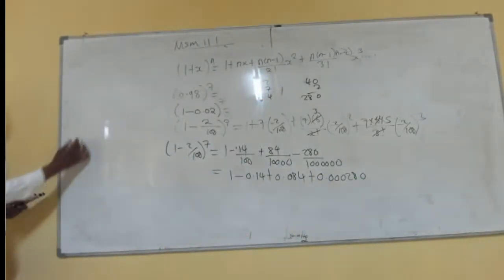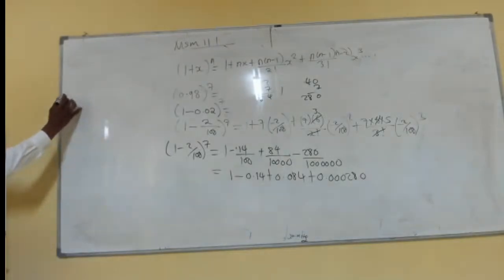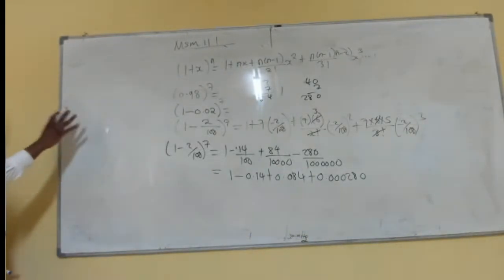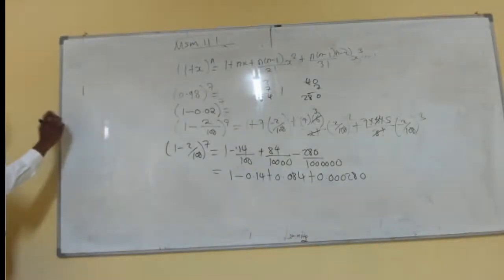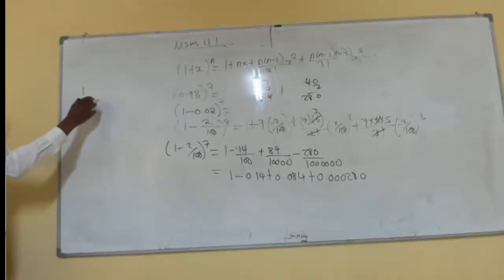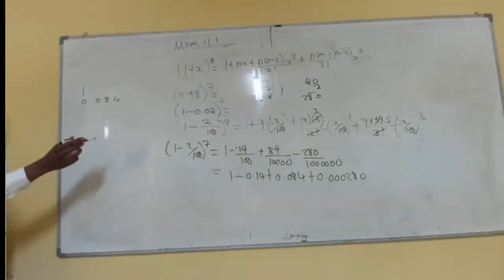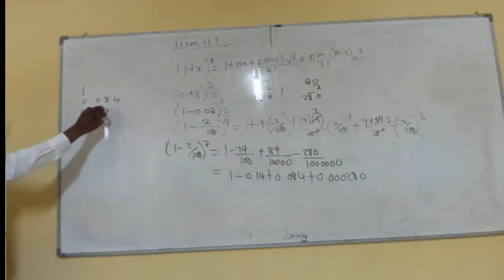Then I'm going to add the numbers here. Let's just do addition first. So we're saying 1 plus 0.084 plus 0.000280.